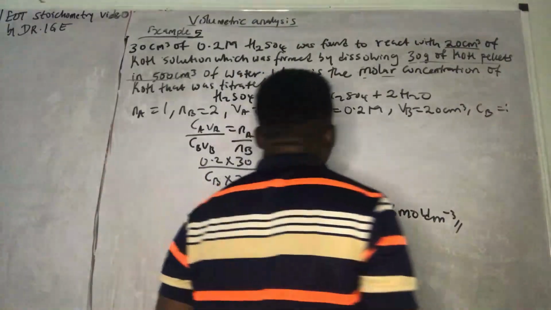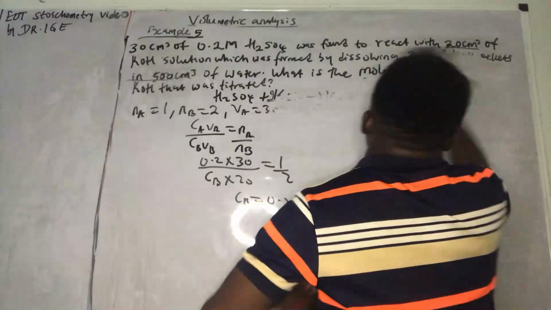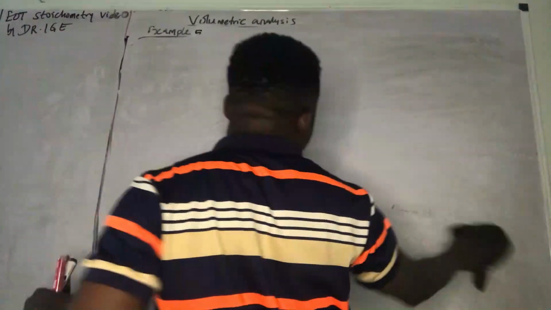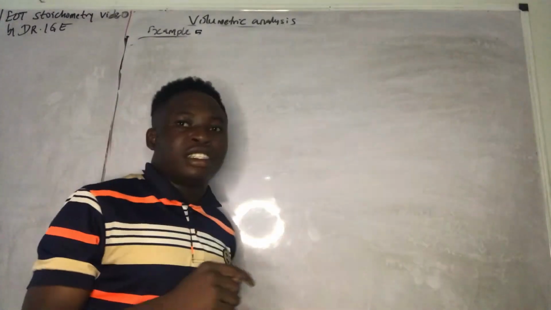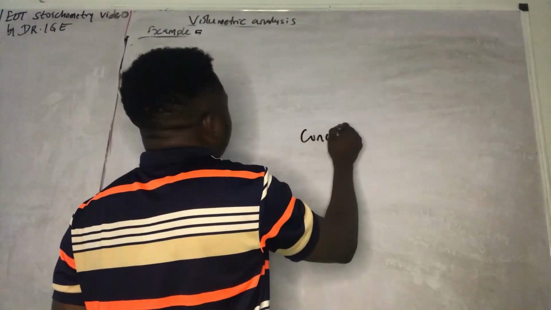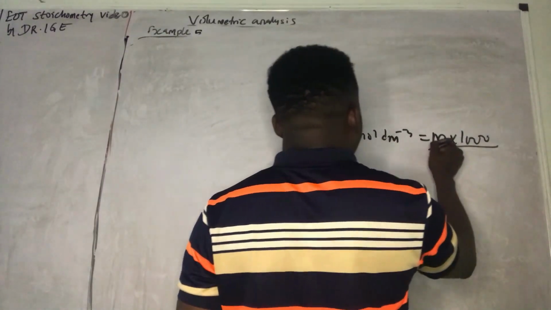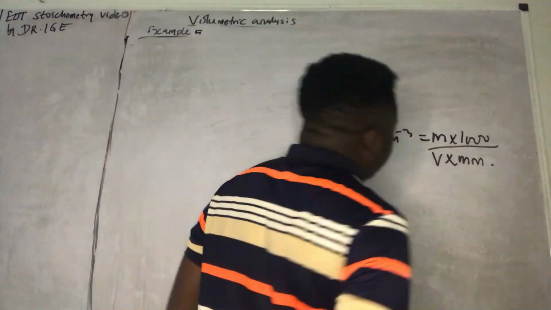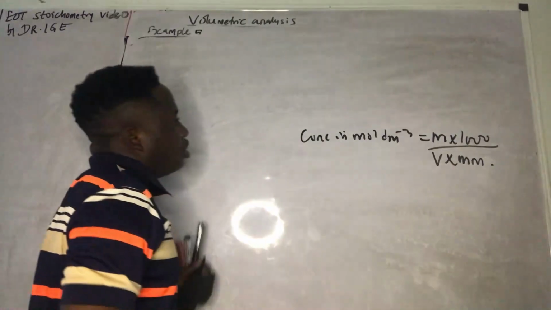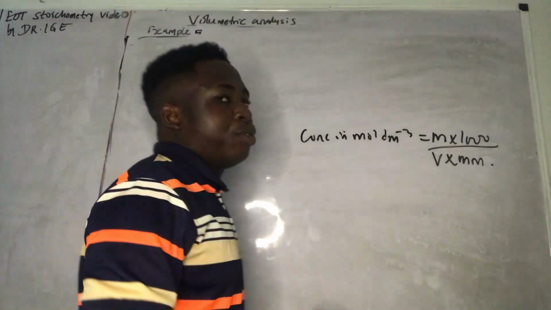Now I want to tell you something that they might likely ask you, because many people are used to a certain pattern. I gave you a formula to convert whatever to mol/dm3: concentration in mol/dm3 is equal to mass times 1000 over volume times molar mass. Do you know that this should be done only when the volume is in cm3?